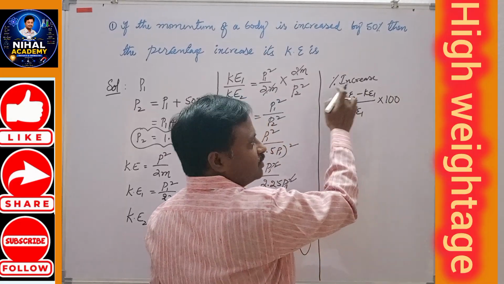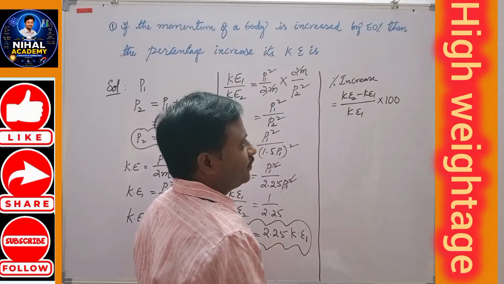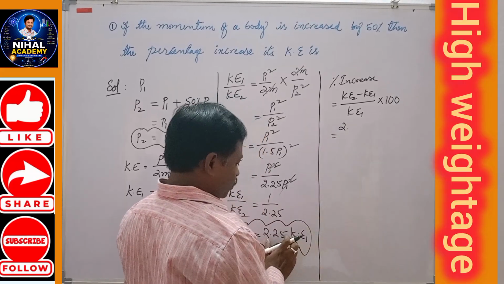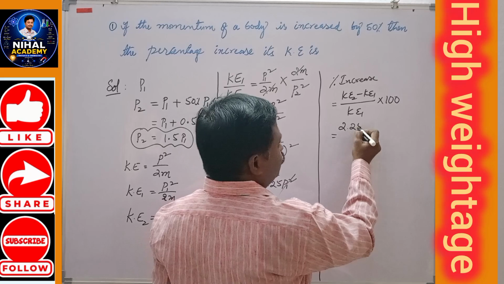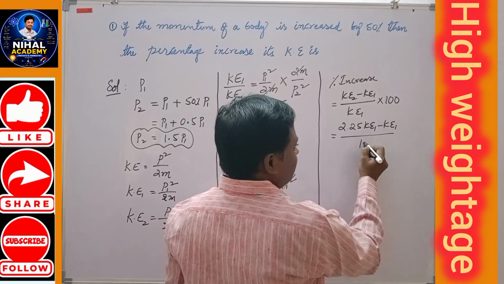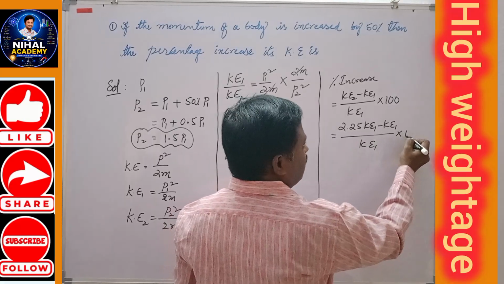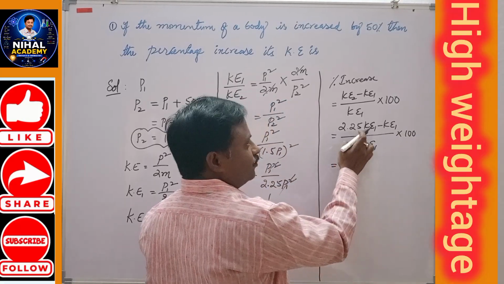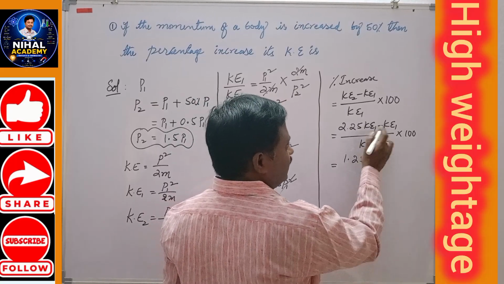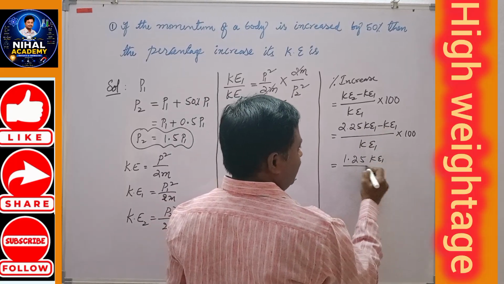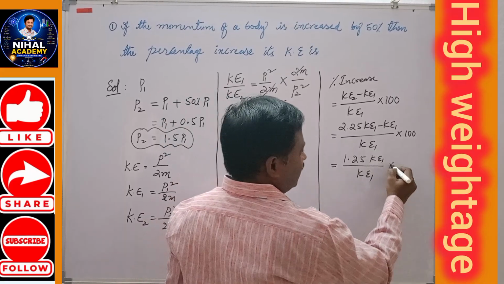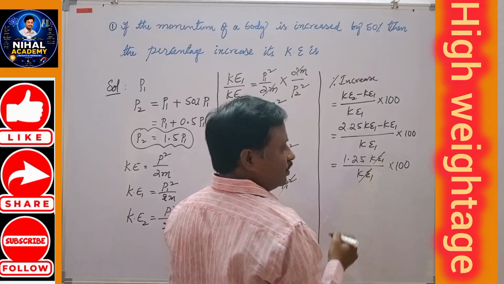Here we have already kept the percentage symbol, so we should not give the percentage symbol here. Now KE2 is equal to 2.25 KE1, so it is 2.25 KE1 minus KE1, by KE1, into 100. So 2.25 minus 1 is equal to 1.25, and KE1 by KE1, the initial kinetic energy, cancels.